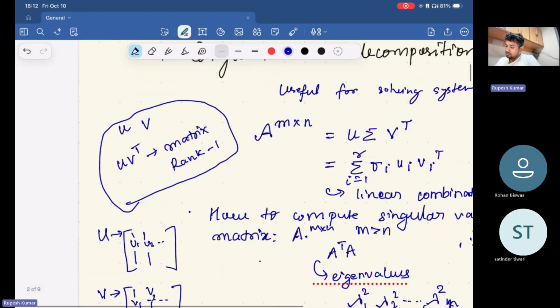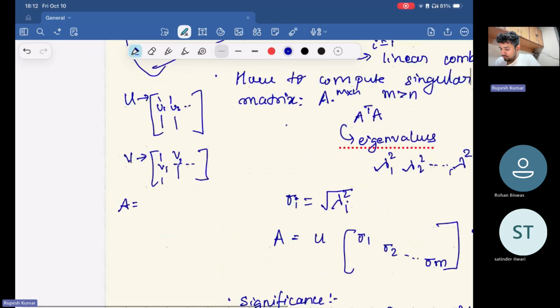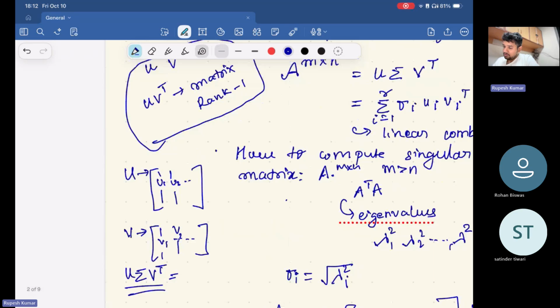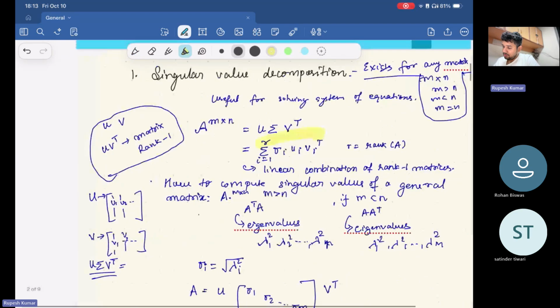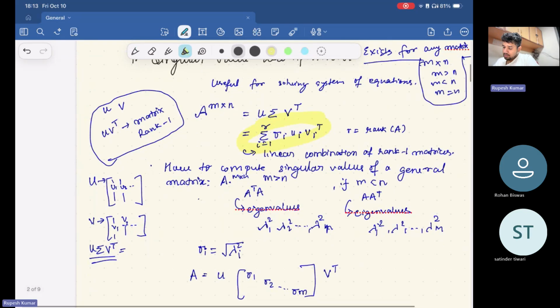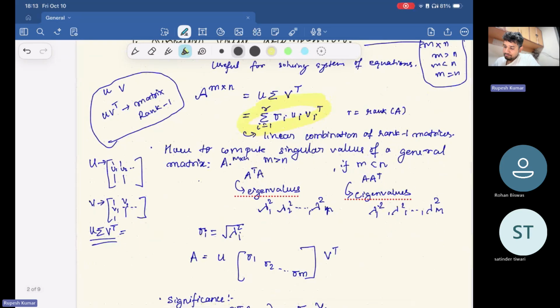And when you write this matrix product, U sigma V transpose, you will observe that this quantity will be equal to the linear combination that we are using here, right? And most importantly, what is this sigma matrix?